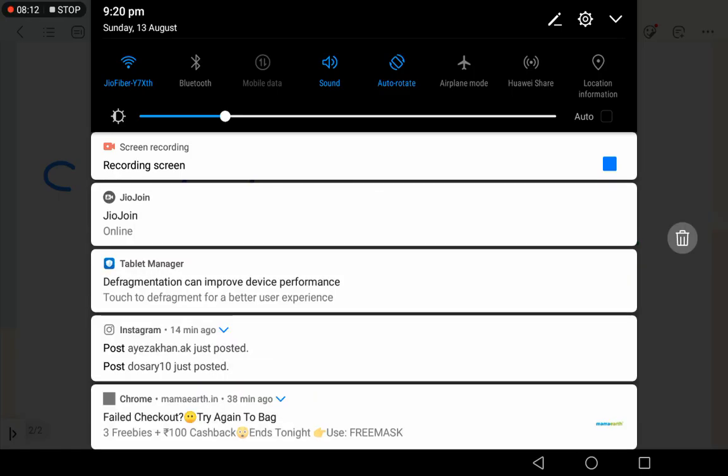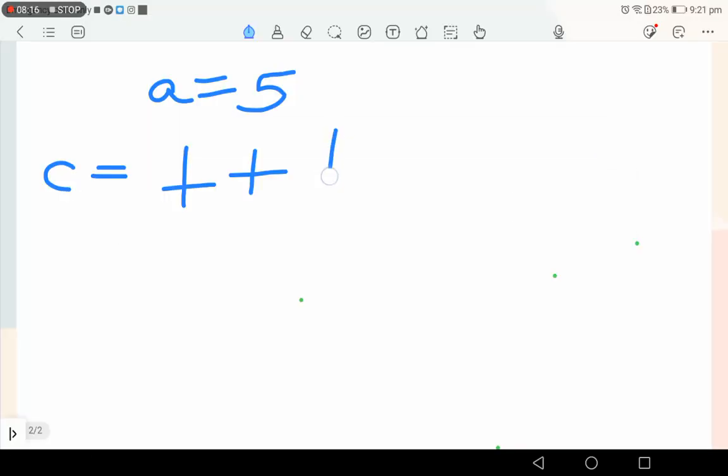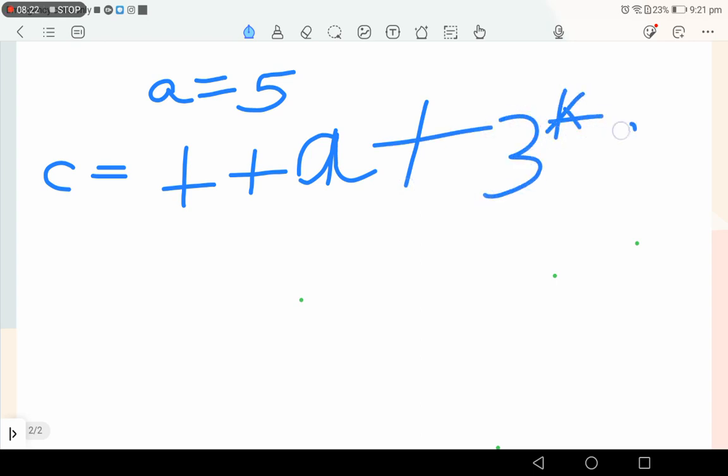The value of a is equal to 5. Now the question given is c is equal to plus plus a plus 3 into a.